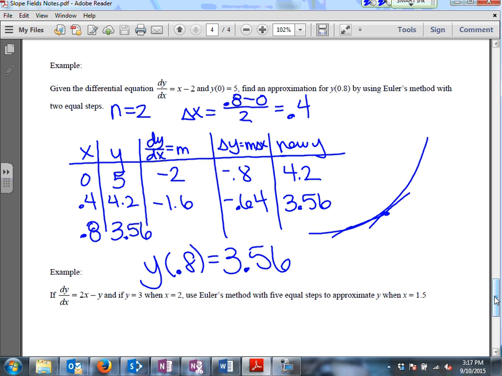3.76 is the actual solution. Sorry. Okay, if we used a tangent line approximation, we would have y minus 5 equals a slope of -2 times x.